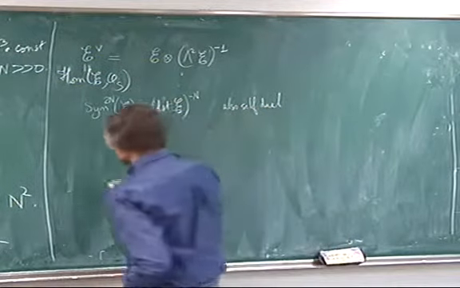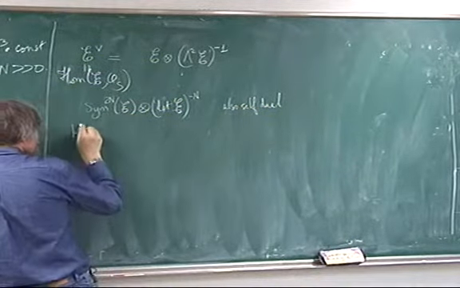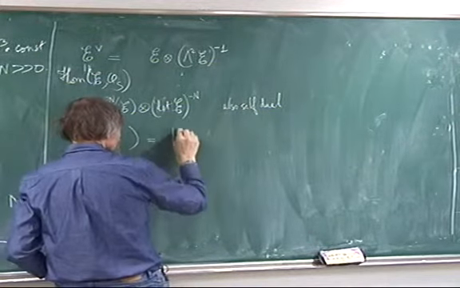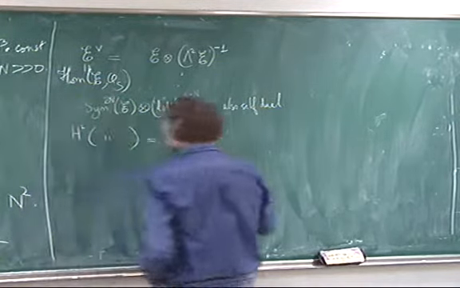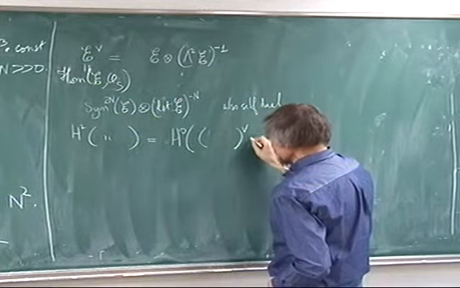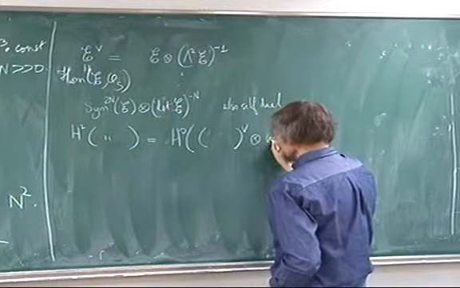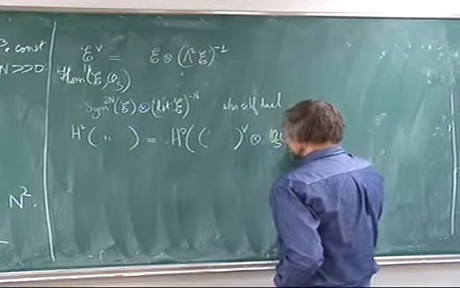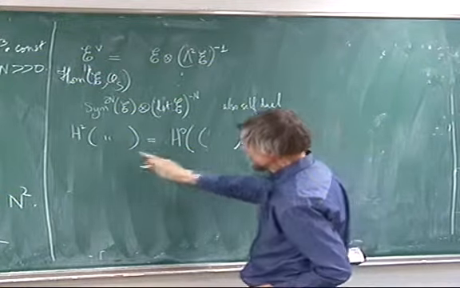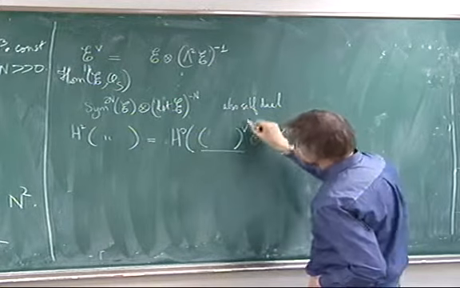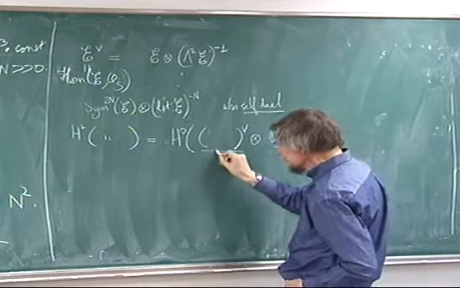So when I do H2 of it, that's the same thing as H naught of, I take the dual of that bundle, and then tensor omega, tensor O_S of K_S. This is just Serre duality. But this bundle is self-dual, so this is the same bundle.